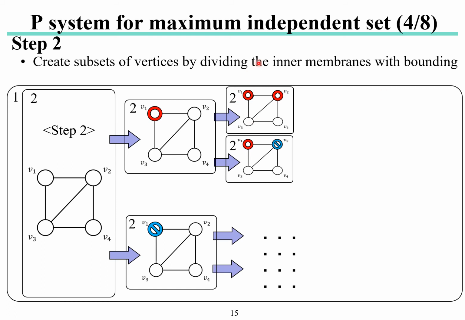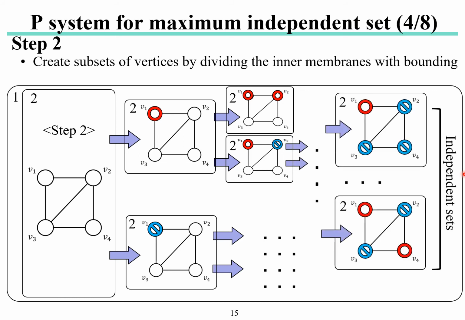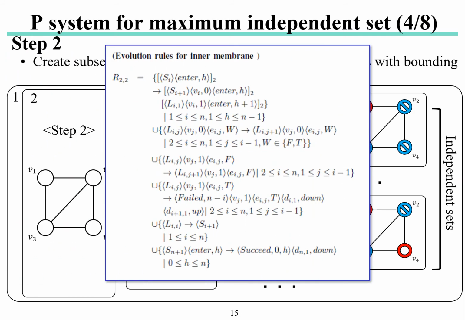In this membrane, V1 and V2 are adjacent and in the subset, so the assignment of vertices is discarded. In the same way, V3 and V4 are assigned. Finally, only on the right membranes do the assignments succeed as independent sets. Step 2 is mainly executed using these evolution rules.